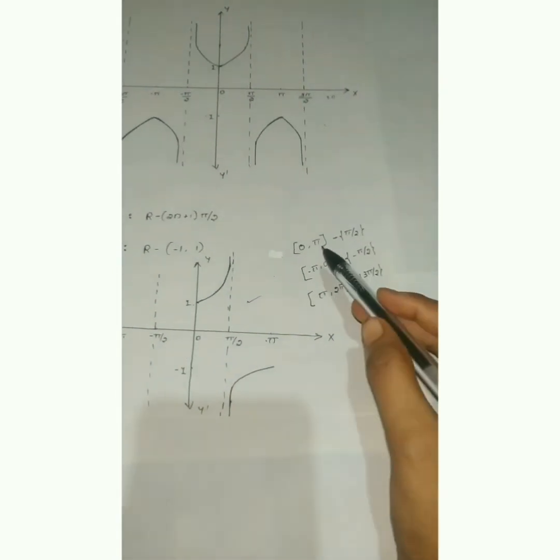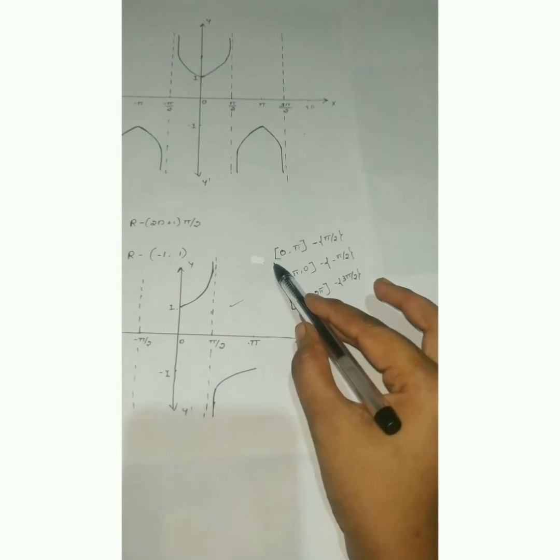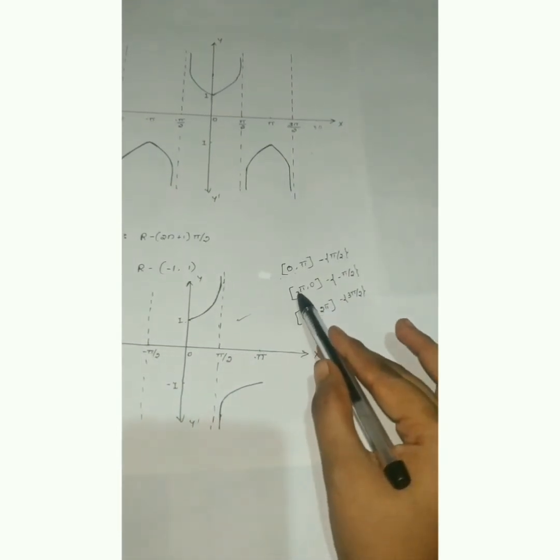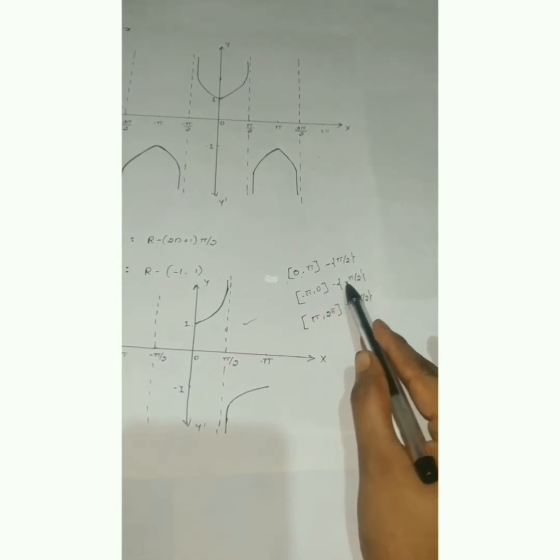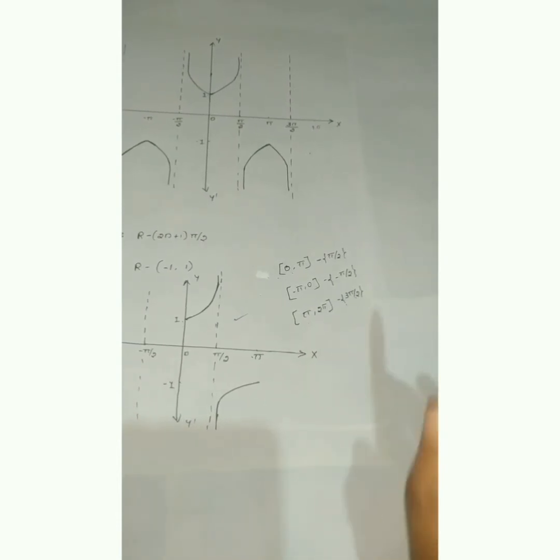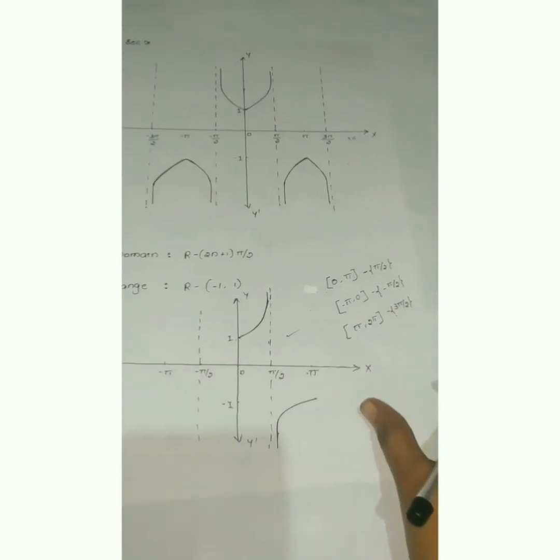The secant function restricted to any of these intervals, the closed interval 0 to pi except pi by 2, or the closed interval minus pi to 0 except minus pi by 2 value, or the closed interval pi to 2 pi except 3 pi by 2 values, is bijective.